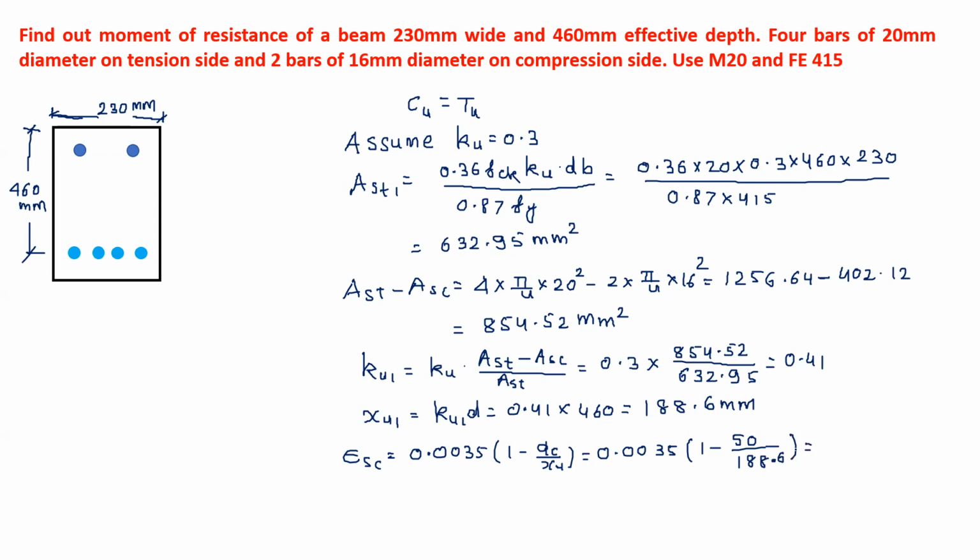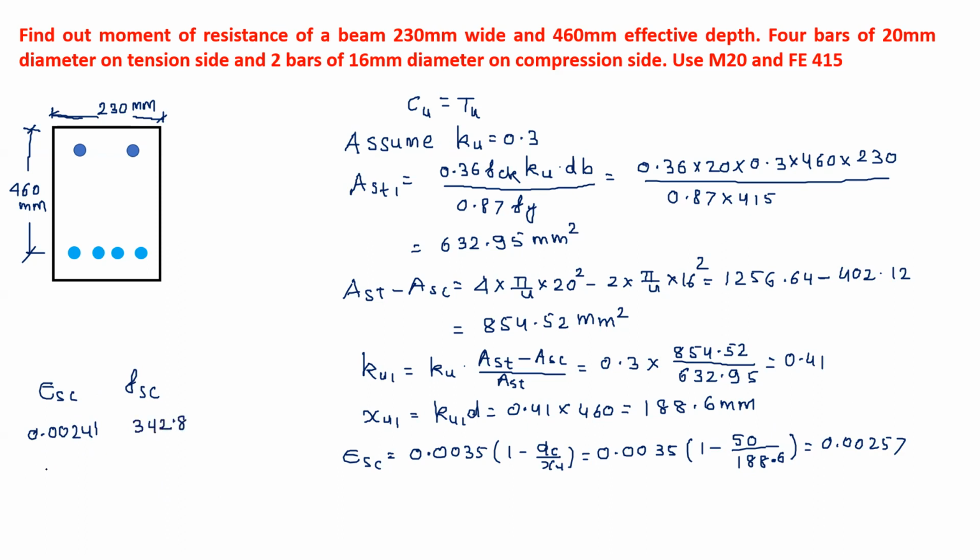From this, we got the value of epsilon sc as 0.00257. Now, if we go to the table, we have epsilon sc and fsc. For epsilon sc 0.00241, fsc is 342.8.